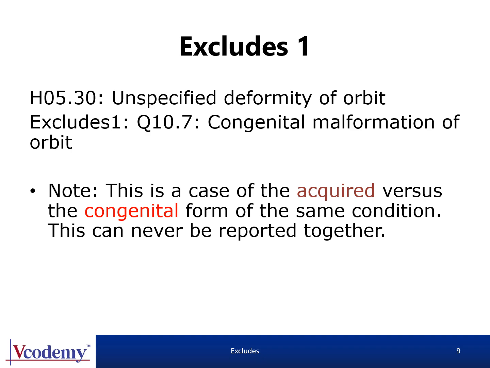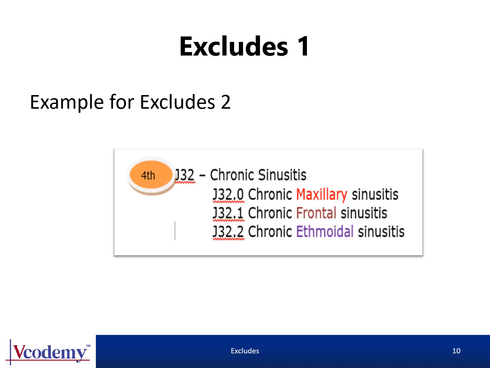So they can never be reported together on a claim. They are mutually exclusive. They can't exist simultaneously in a single patient. Hope this is clear for you in the concept of Excludes 1 and Excludes 2 so far.